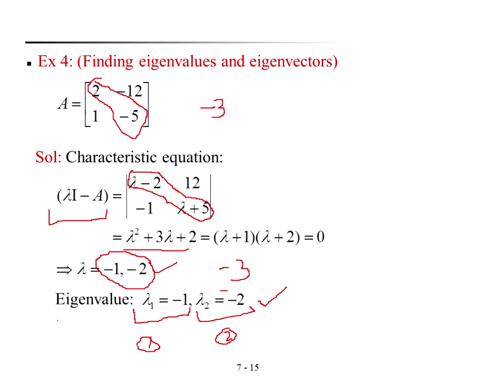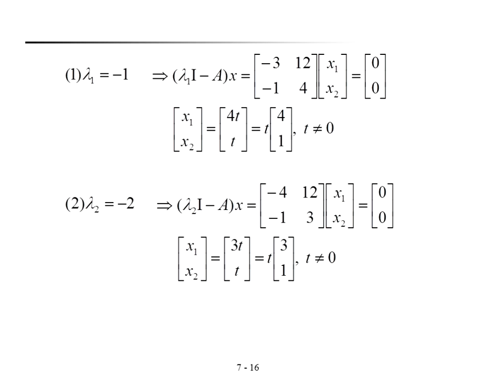Now, step number 2, corresponding to lambda is equal to minus 1. This is the equation of the eigenvector: lambda I minus A into x is equal to 0.